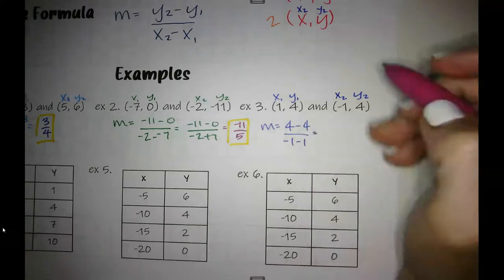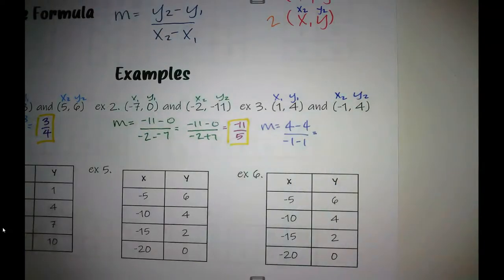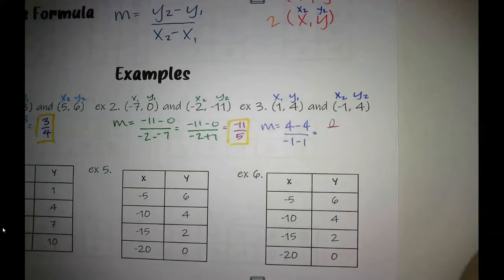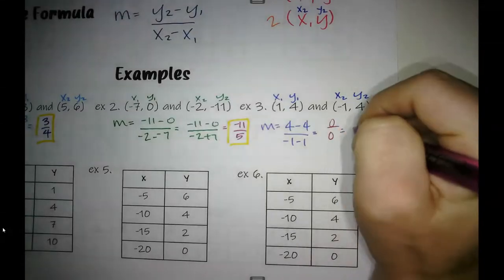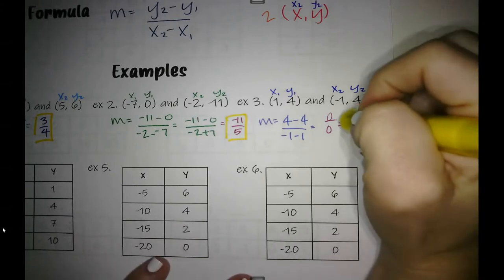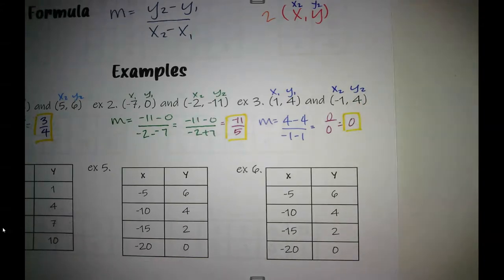Okay, we have 4 minus 4, which is 0, over negative 1 minus 1, which is 0. 0 divided by 0 is 0. So our slope is 0. Remember from our slope notes that slope can be 0.